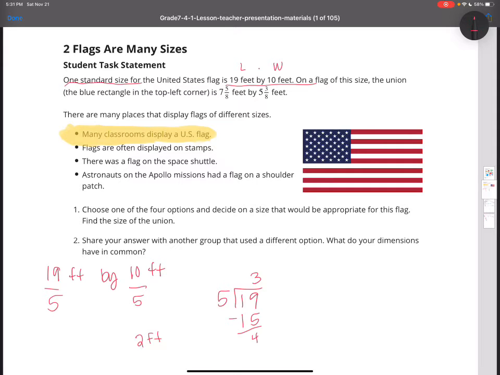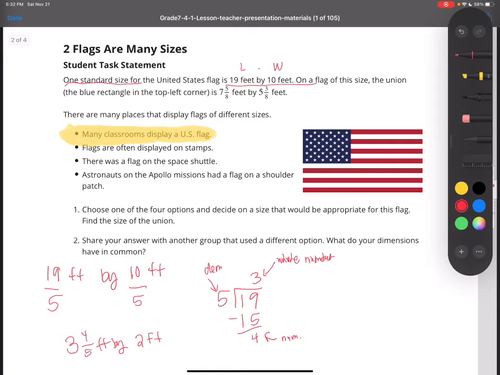And 3 will be my whole number. The remainder will be my numerator, and what I divided with will be my denominator. Okay, so it'll be 3 4/5 feet by 2 feet.